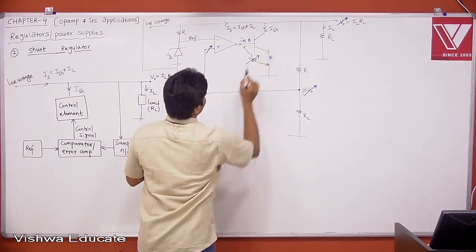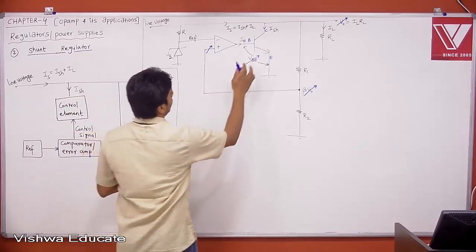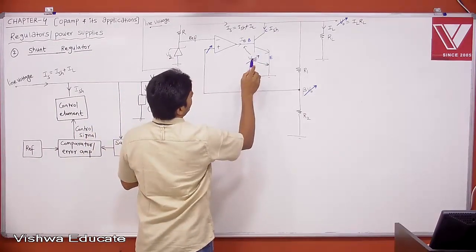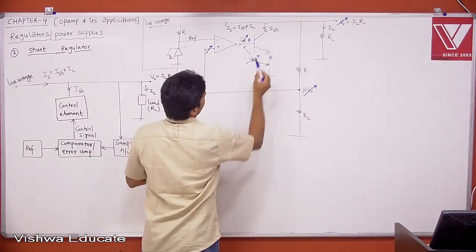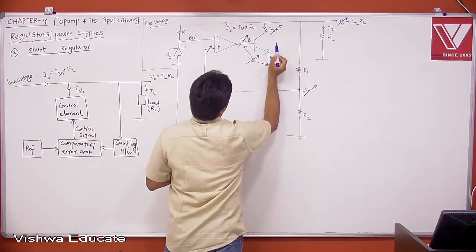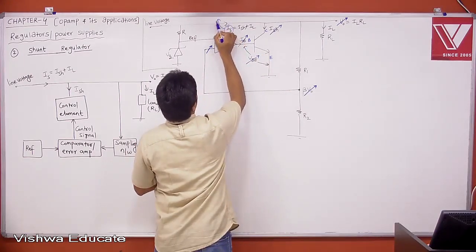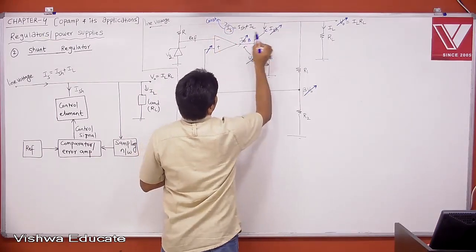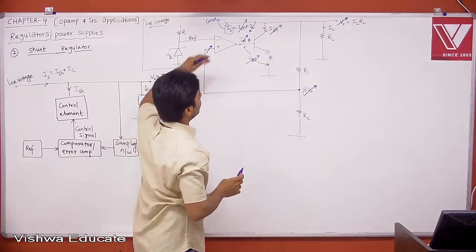The op amp is giving the base current. However much current your transistor is asking, the op amp will give that. When VBE increases, your base current will increase. When base current is increasing, your collector current will increase, which is basically the shunt current. When shunt current is increasing, assuming that IS is constant, then definitely IL will decrease, because your source current is constant.